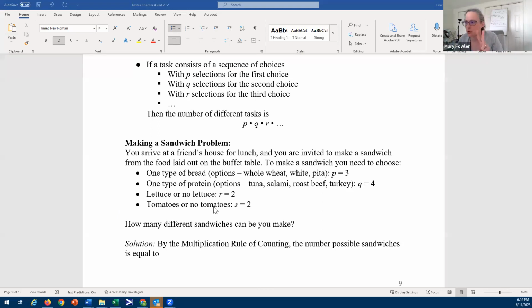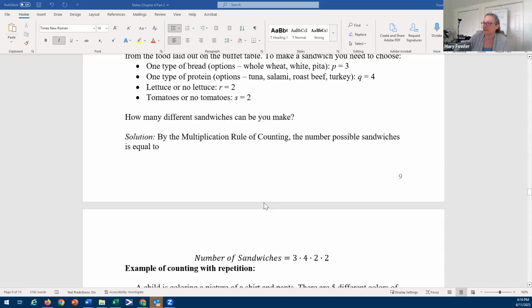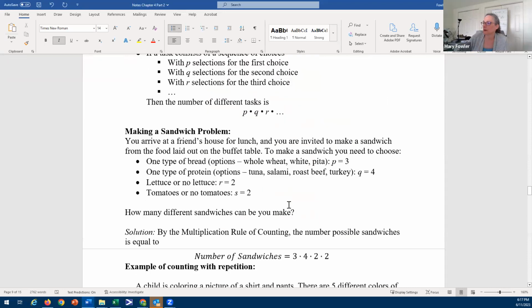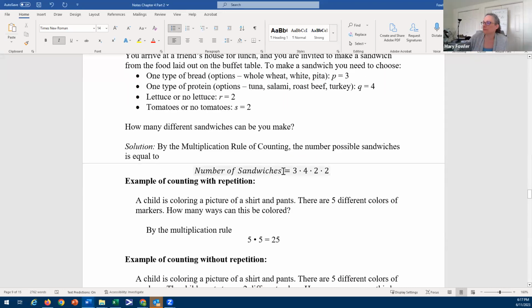That's also 2 options. So how many different sandwiches can you make? By the multiplication rule, we multiply P times Q times R times S. We get 3 times 4 times 2 times 2, which is 48.